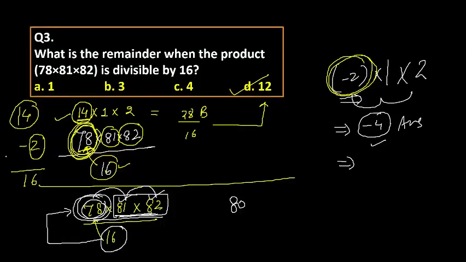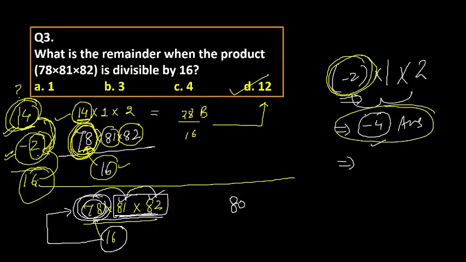And if your remainder is negative, how can I convert this into positive? The sum should be 16 only, no? So I will just subtract 2 from 16. 16 minus 2 is 14. That's all.